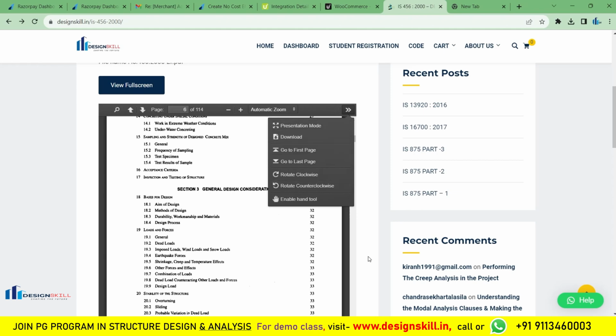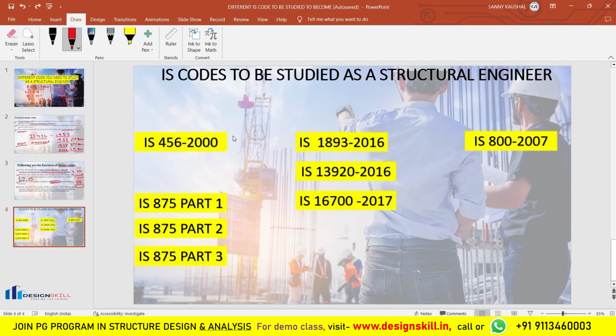Now come back to the topic we are discussing. Among all the IS codes, IS 456-2000 is one of the most important when it comes to structural design. It is used for plain and reinforced concrete structures.